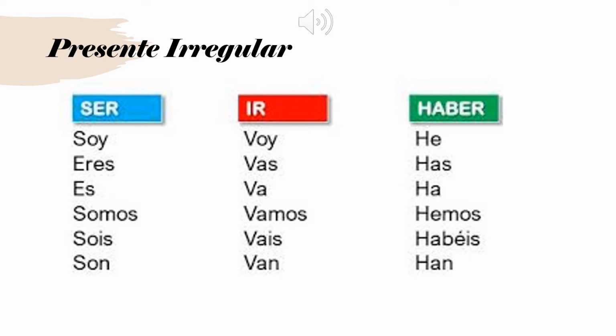Ir would be voy, vas, va, vamos, vais, van. Haber would be he, has, ha, hemos, habéis, han, and tener would be tengo, tienes, tiene, tenemos, tienen. Estar would be estoy, estás, está, estamos, están. And ir, well, it's already there, so you see.